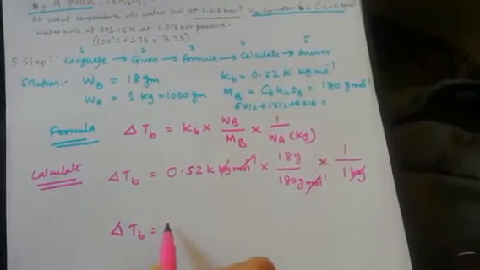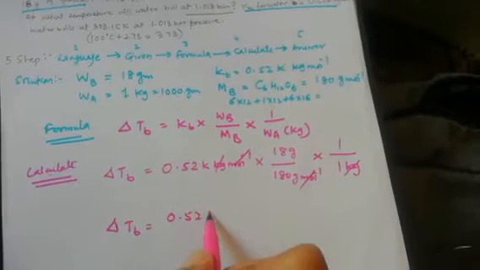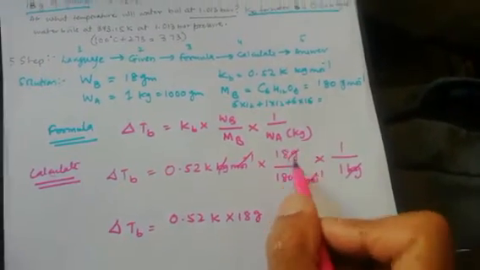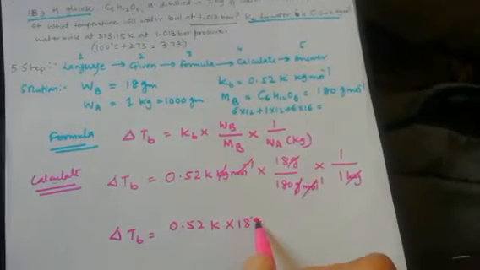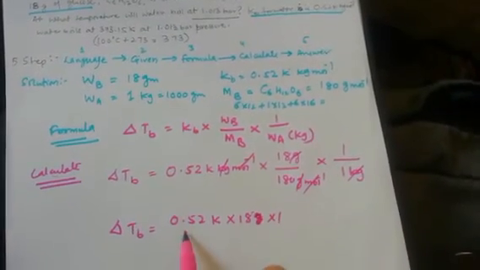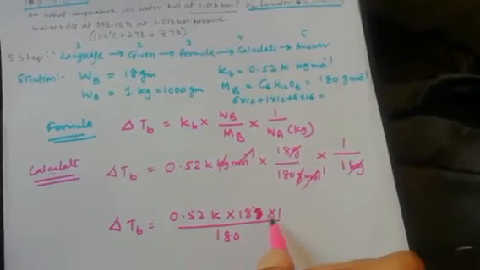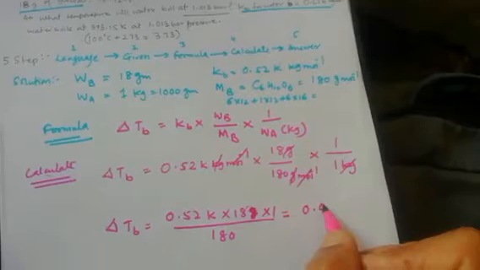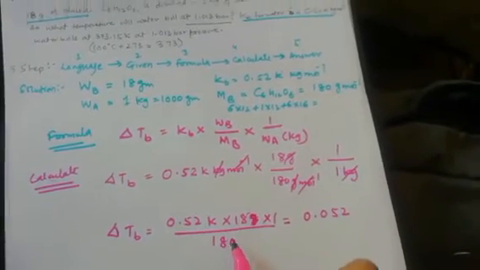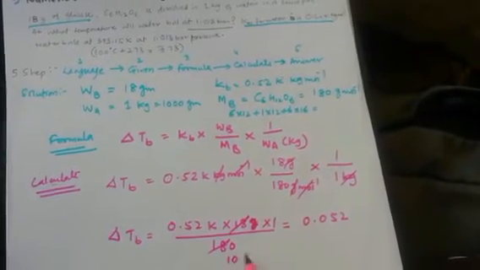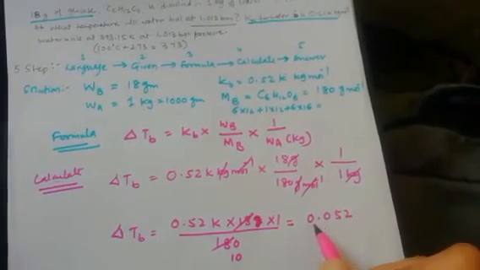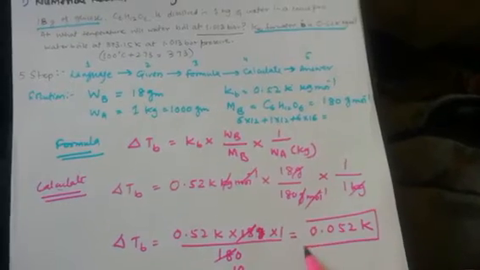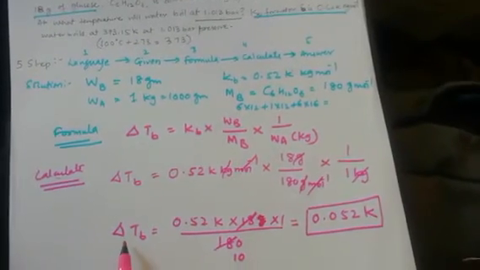Delta Tb is equal to 0.52 Kelvin into 18 upon 180. When you calculate, 18 will cancel with 18, 10 will go below, and you get 0.052 Kelvin only. So this is the elevation in boiling point.